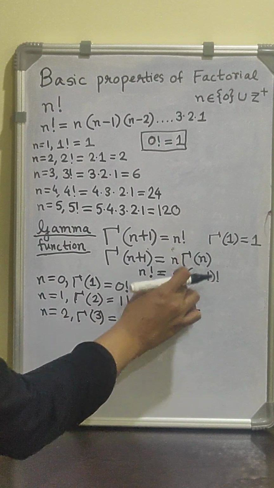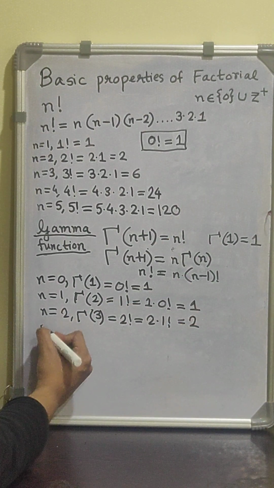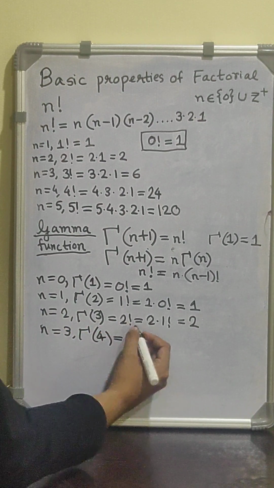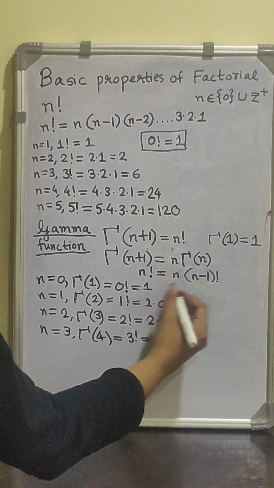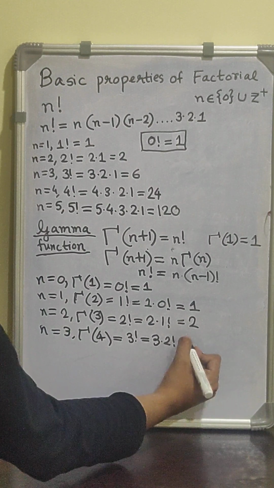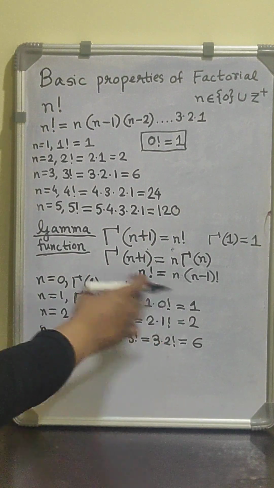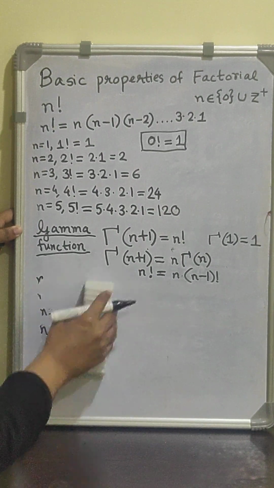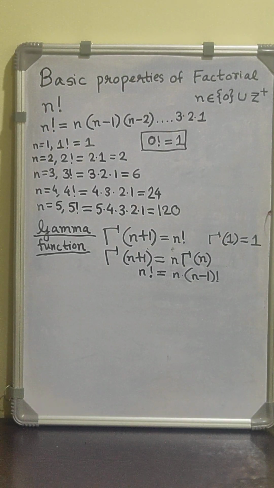Basically just using this and this, these two. n is 3, gamma 4 is 3 factorial, 3 into 2 factorial, because n minus 1 is 2, factorial was 2, so 3 into 2 is 6. Again, I went into actual values just for better understanding of things. I'm going to remove that part because I need space, and that's something that's straightforward to see.